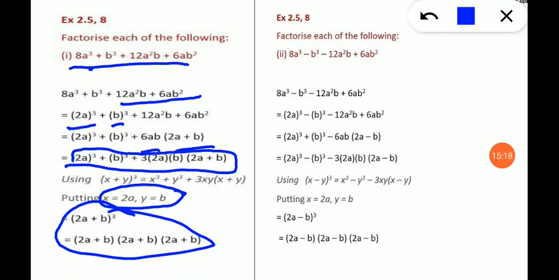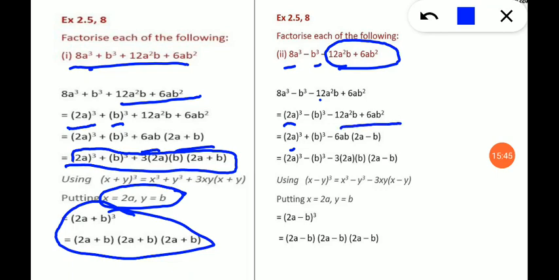Similarly, here also we will take the cube of the numbers separately, like 8 we will convert into cube form, 2 cube. Then from the other two terms having power 2, we will take things common.